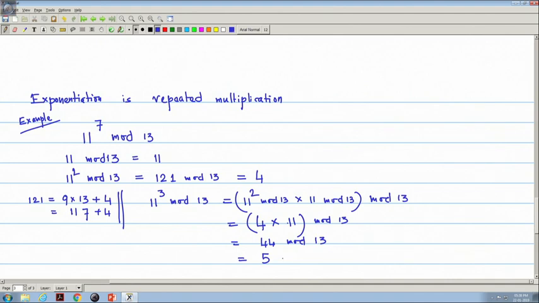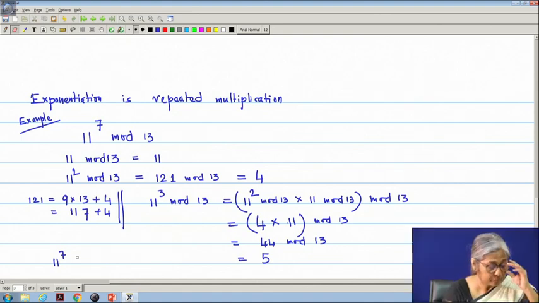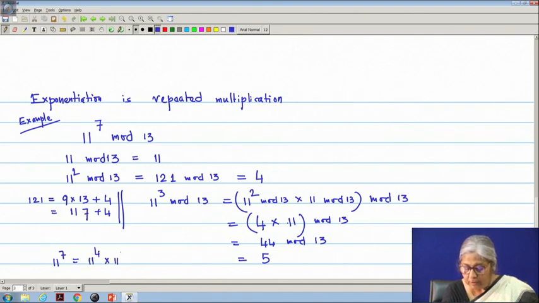Now, I have to find out 11 to the power 7. So, 11 to the power 7 can be written as 11 to the power 4 into 11 to the power 3.